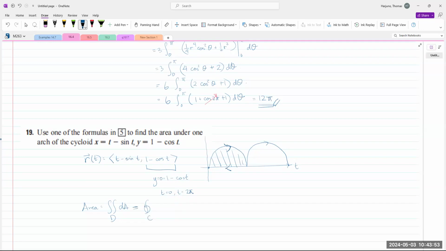Make it positive. Let's use y dx. Will that be okay?